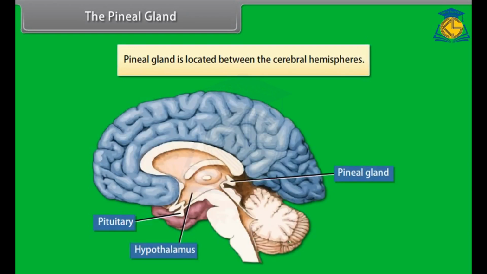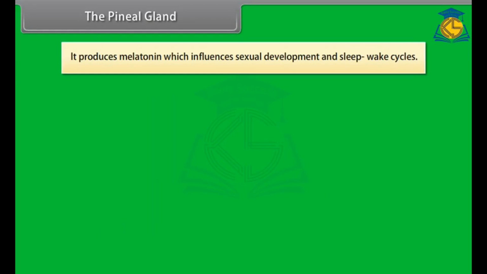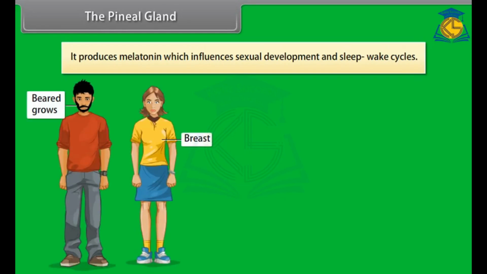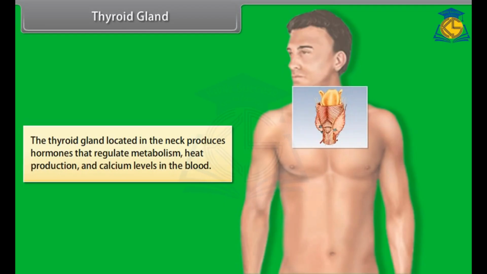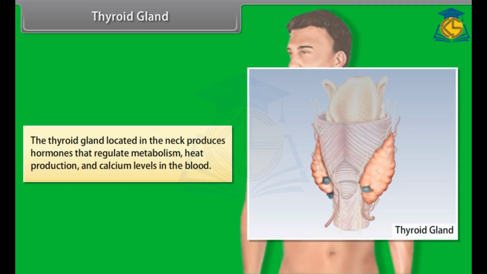The pineal gland. Pineal gland is located between the cerebral hemispheres. It produces melatonin, which influences sexual development and sleep-wake cycles. Thyroid gland. The thyroid gland located in the neck produces hormones that regulate metabolism, heat production, and calcium levels in the blood.